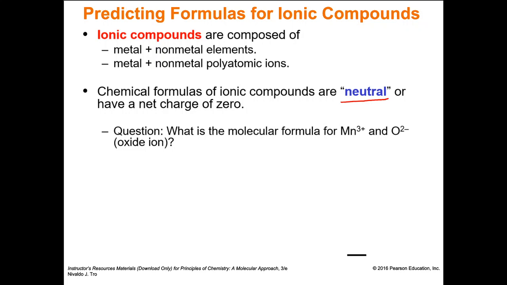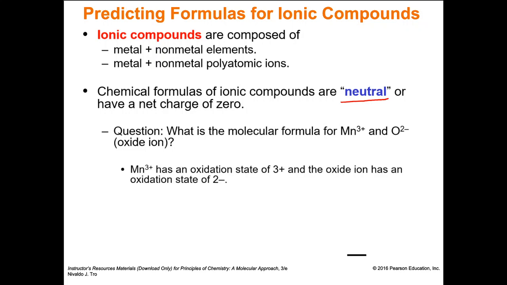Okay, so here we have a question. It says, what is the molecular formula for manganese 3+ and oxide O2-? So we have manganese, which has a 3+ charge, so it has an oxidation state of 3+. And oxide has an oxidation state of 2-. You can think of oxidation state as charge.